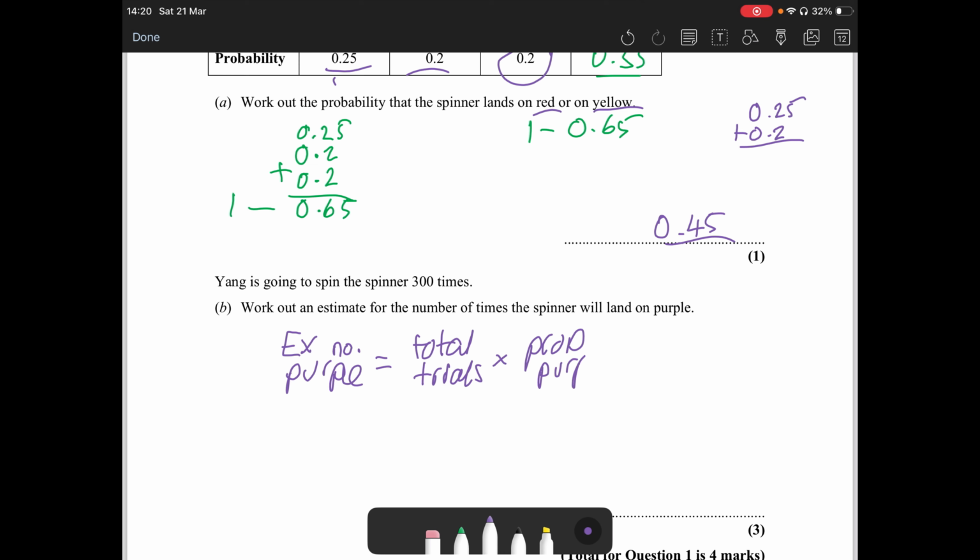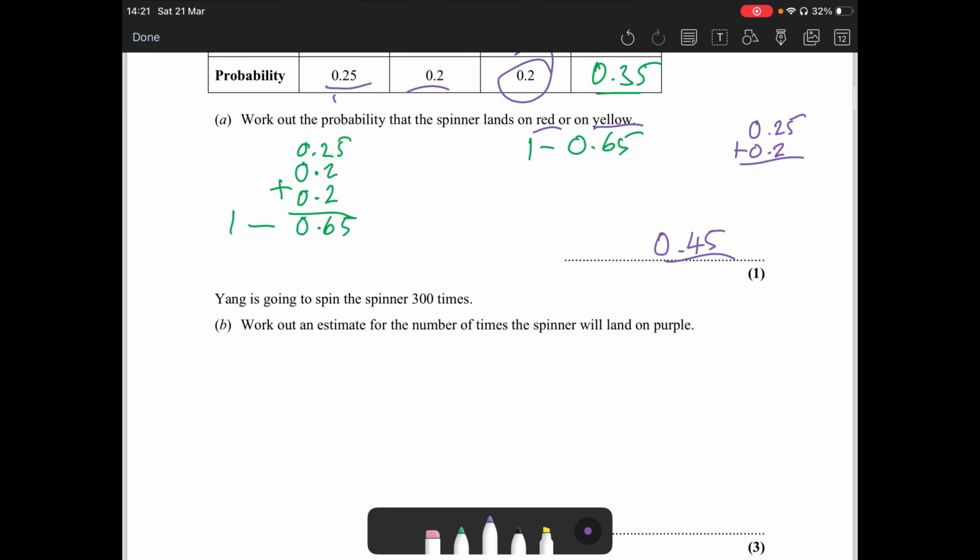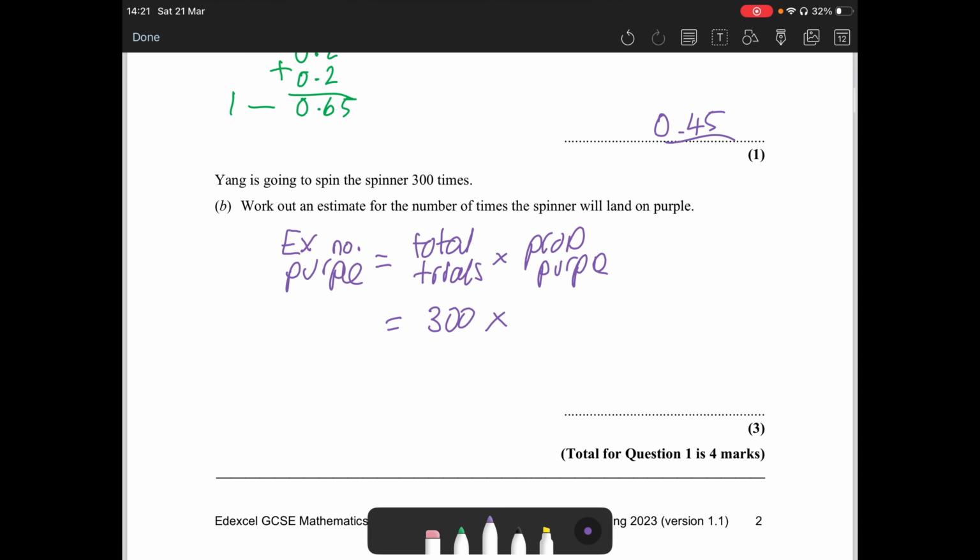So we're multiplying 300, the total number of trials, times 0.2, the probability you get purple on any given trial. Now 0.2 is the same as 2/10. The reason I write it this way is we're not allowed a calculator. So you could do 300 divided by 10, which is 30, and then times it by 2, which is 60. 60 is your answer.